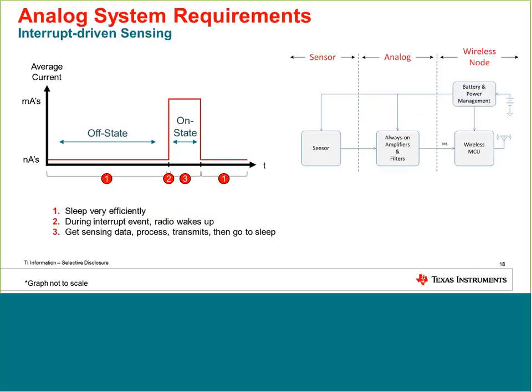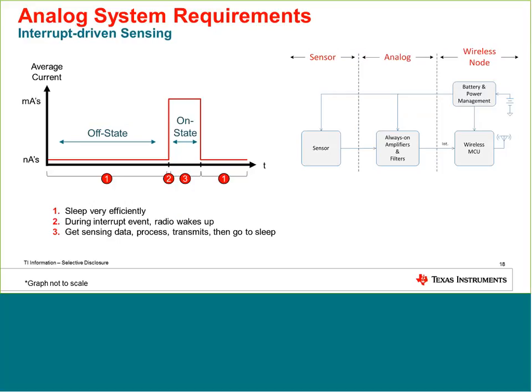Now, there is another case where we cannot do that. For example, with the motion detector, we cannot go to sleep, because if we are sleeping, let's say for 1 minute, someone can enter a room and exit the room and we can miss that. So in this particular case, we need to have a sensor always on.